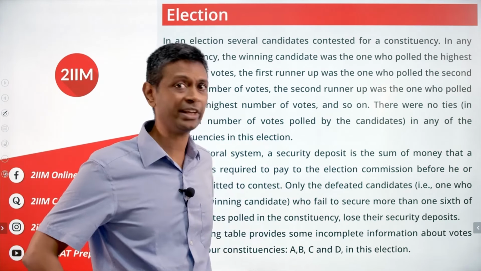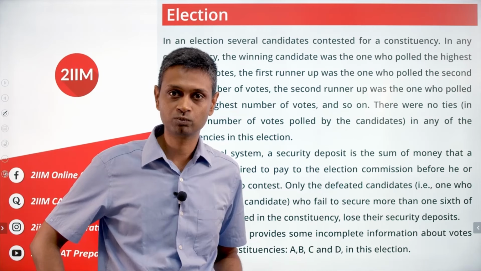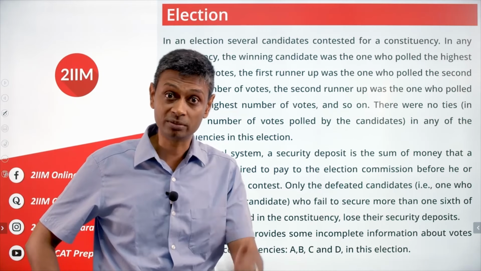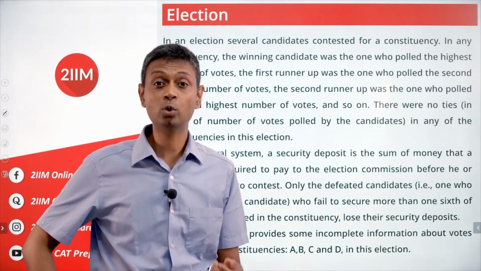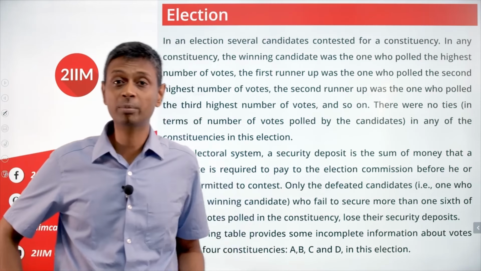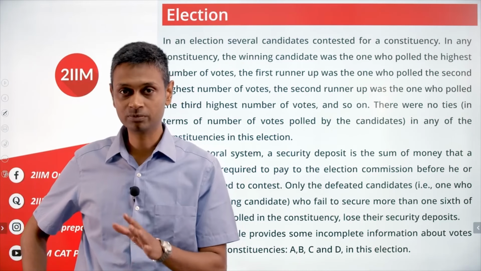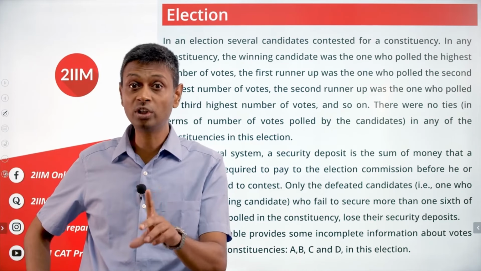That means if there are say 40 candidates and the maximum anyone polled is only 15% or 12%, and that person won, then even if you have polled less than 1/6, if you have won the election, you won. You are the best candidate. So obviously you can't forfeit your security deposit if you have won an election. The security is lost only if you are defeated.